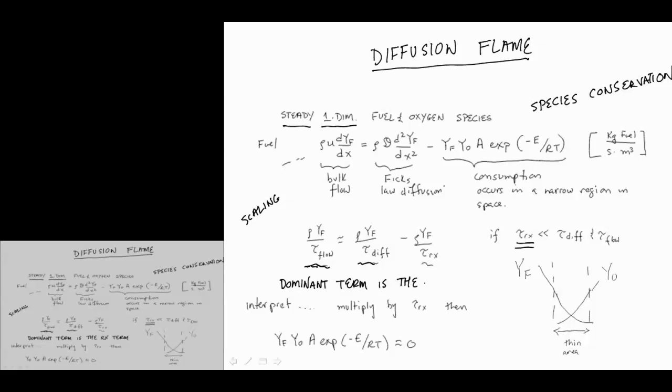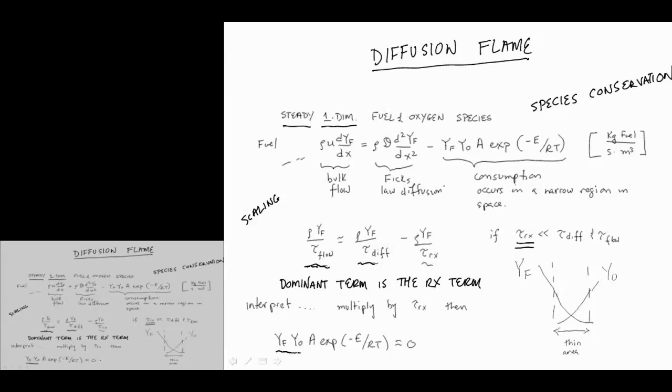Well, it says that the reaction term is identically 0, and that's a little bit disconcerting, but there's a non-trivial interpretation for that, and it is that the fuel and the oxygen don't coexist. This is what we said earlier, that there's a very thin region where they do interact and balance diffusion, but from the outer scales, from an outer model, this reaction term is not important except in this thin region.